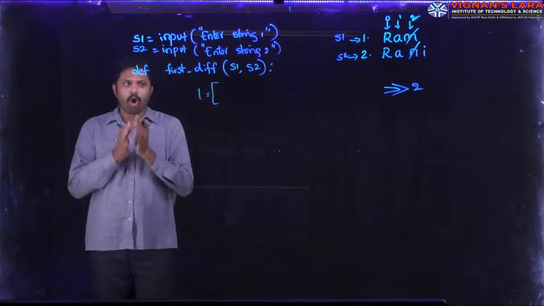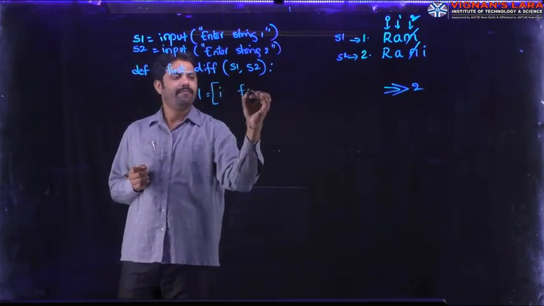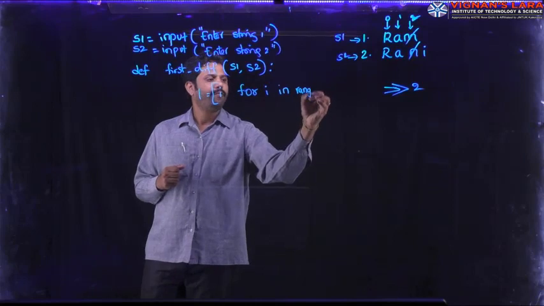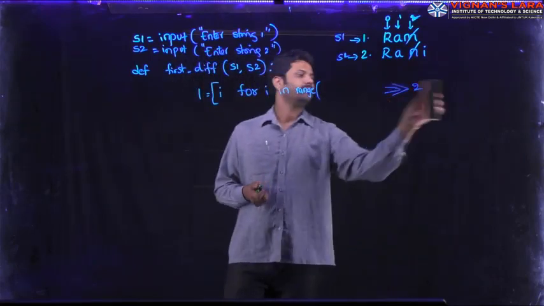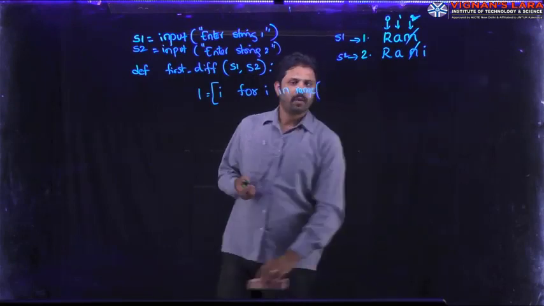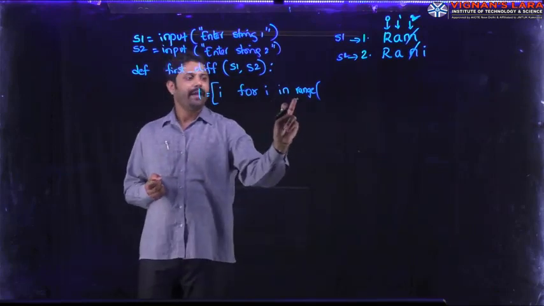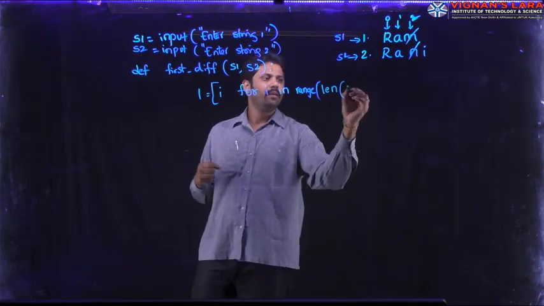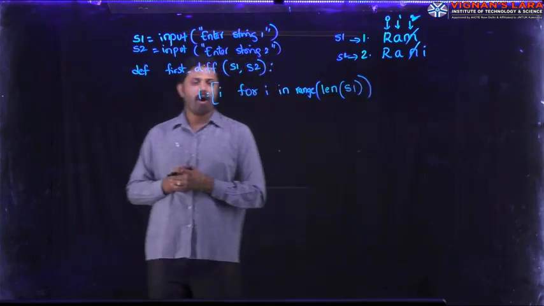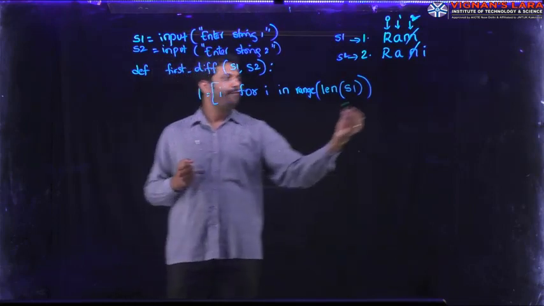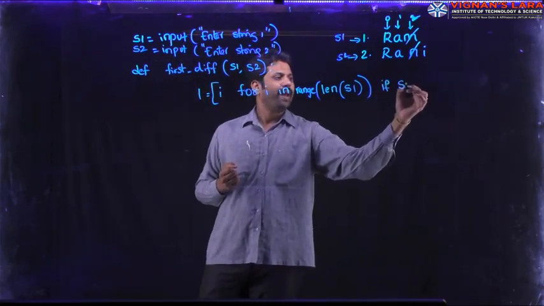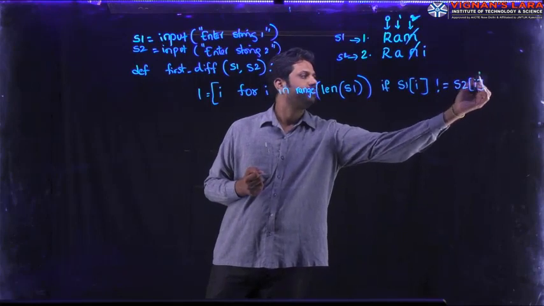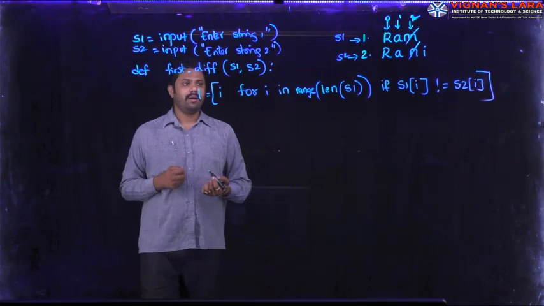Here I am using a list comprehension: I for I in range of len of S1 if S1 of I is not equals to S2 of I. This is my list.